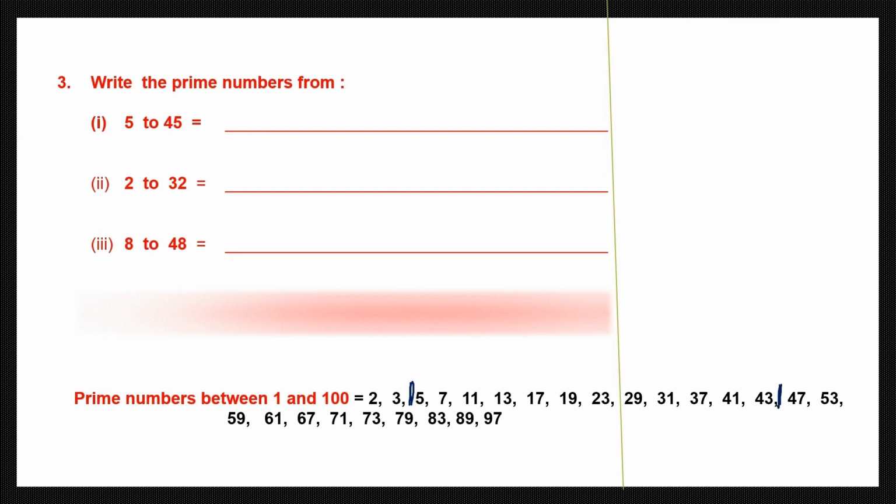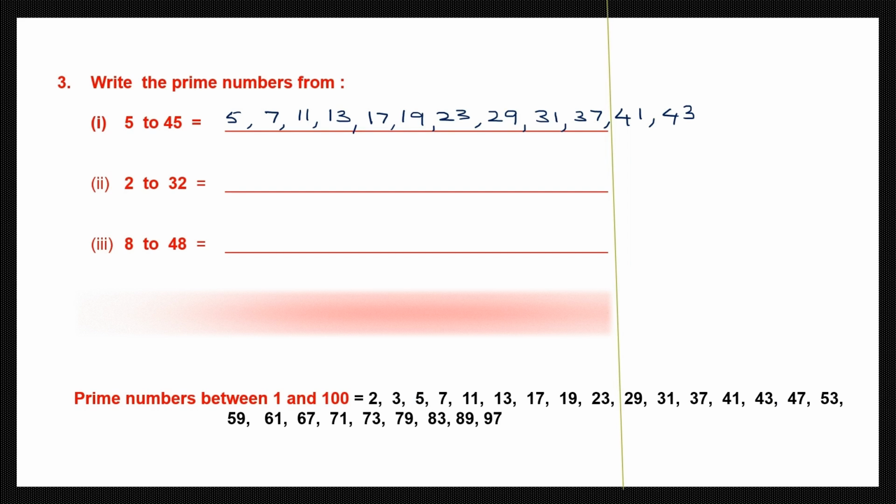So let's write down all these. So 5, 7, 11, 13, 17, 19, 23, 29, 31, 37, 41 and 43. So these are the answers to the first question.